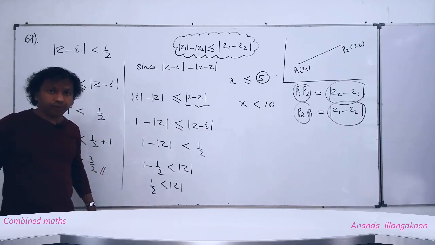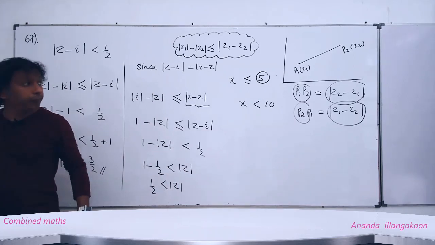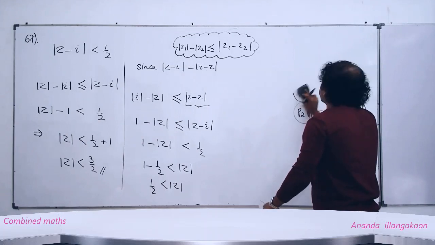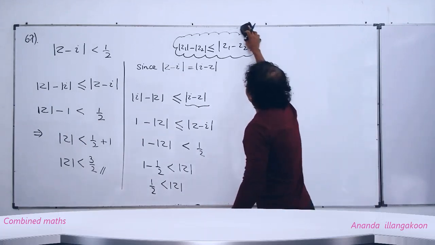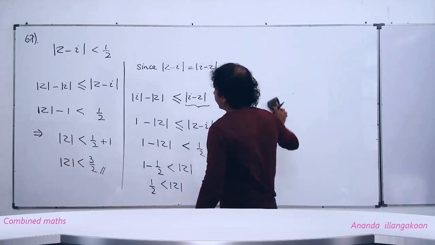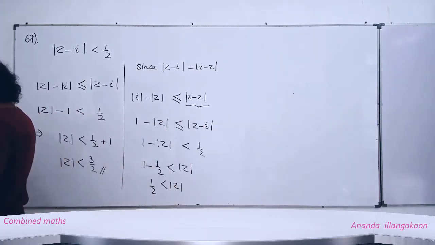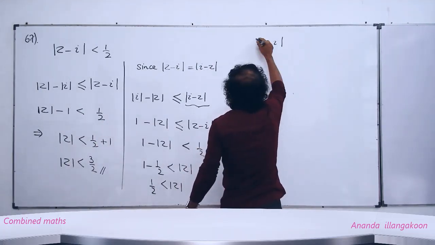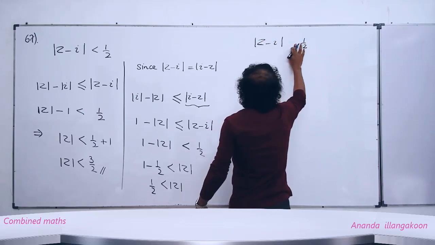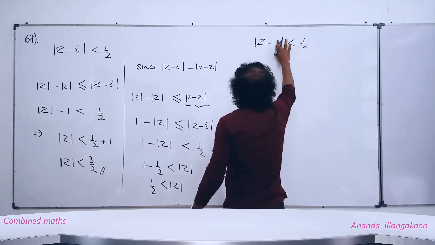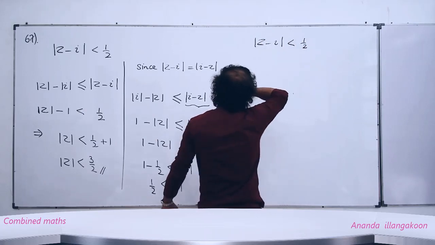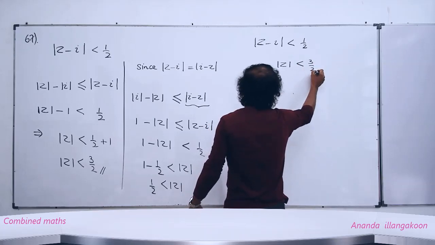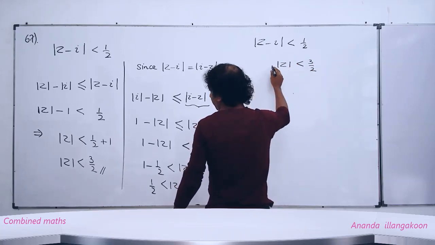So therefore, we can write |z minus i| less than half, |z| less than 3/2, greater than half. No?